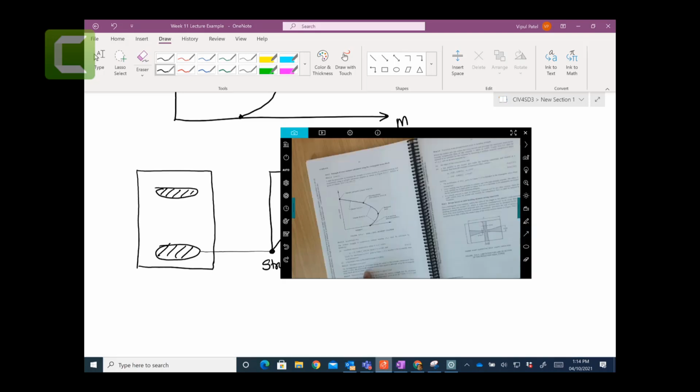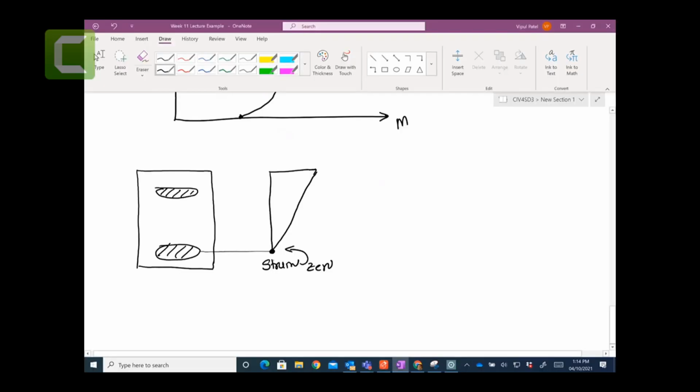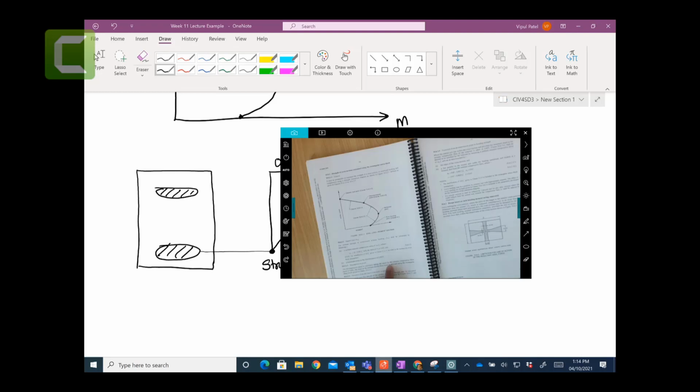So the strain in the extreme tensile fiber is equal to 0. That's what it says, and the strain here is 0.03. You can see here. So then you have the extreme compression fiber equal to 0.03.